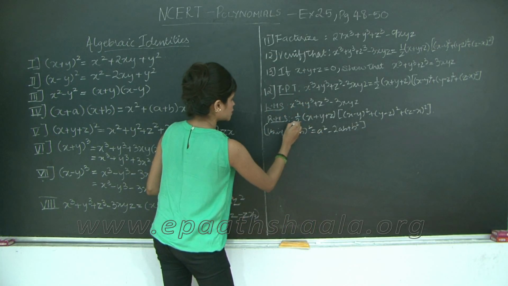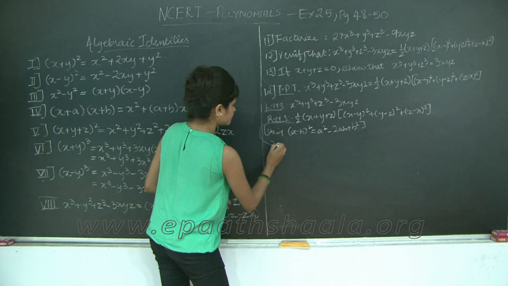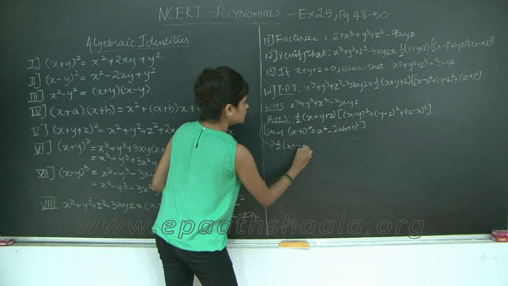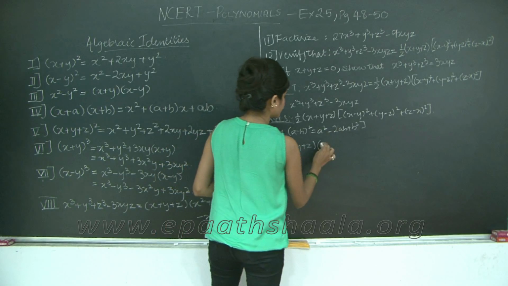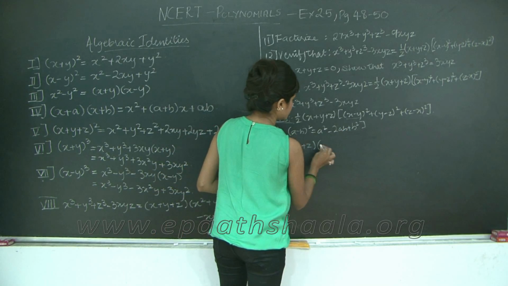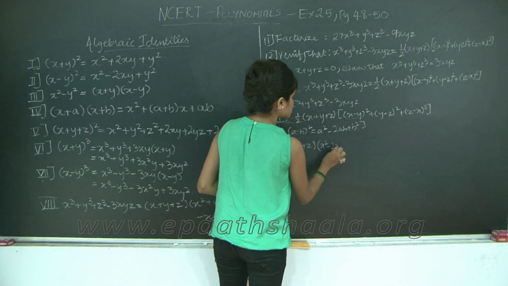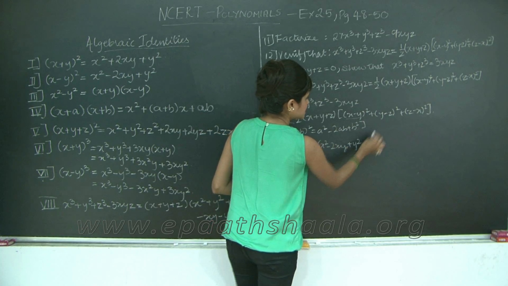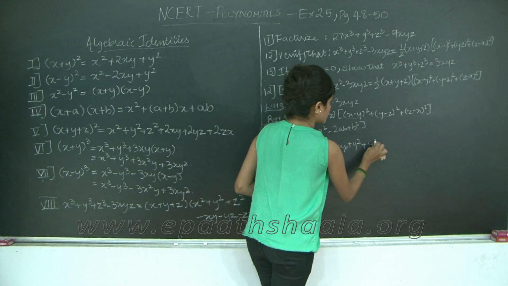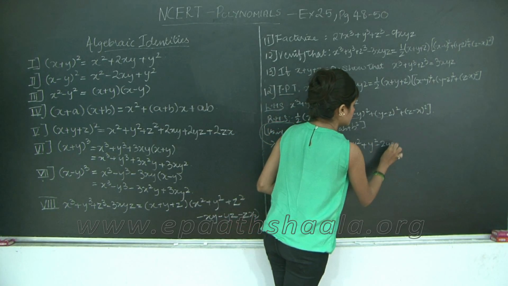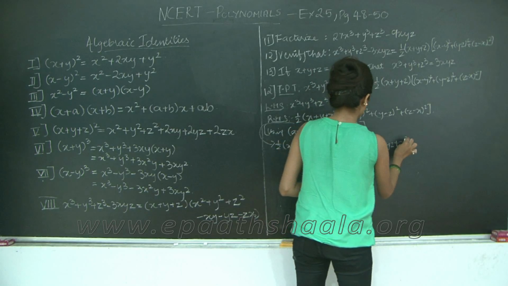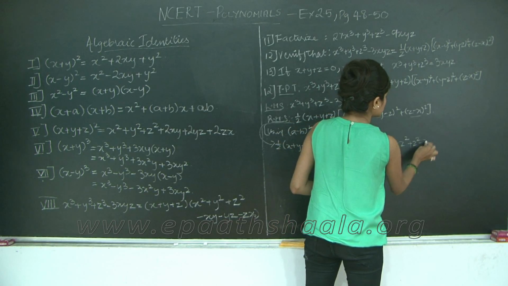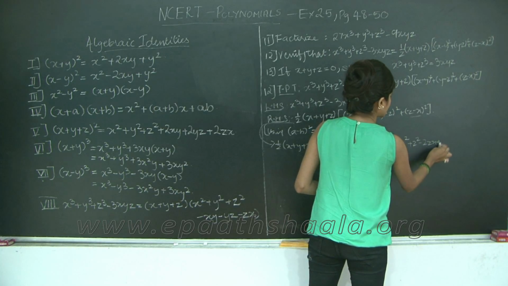My equation becomes half into x plus y plus z into the first bracket x square minus 2xy plus y square, plus the second bracket y square minus 2yz plus z square, and the third bracket plus z square minus 2zx plus x square.